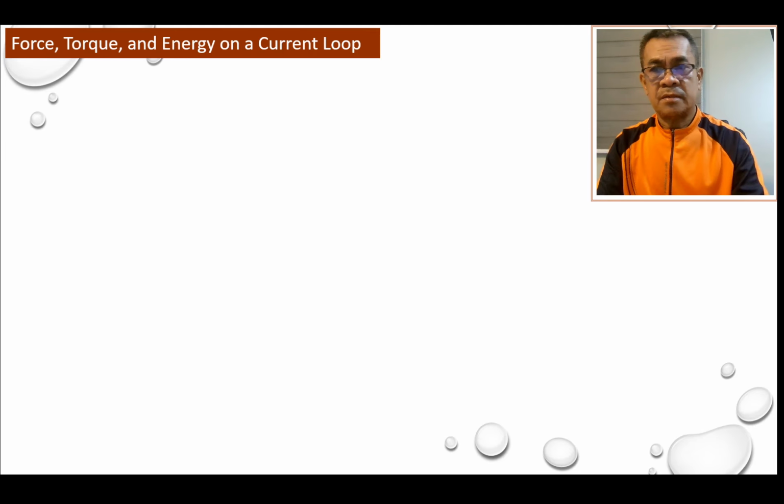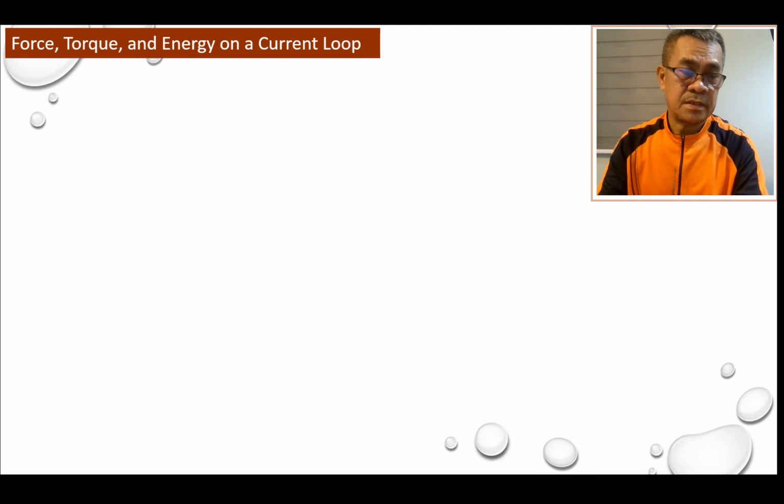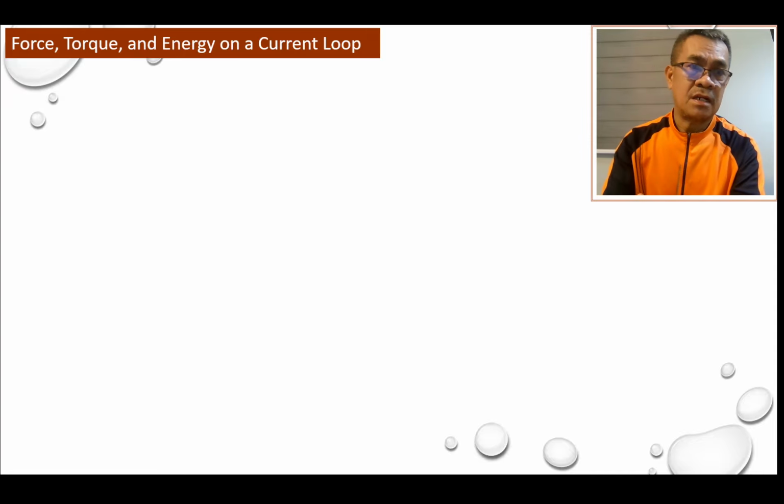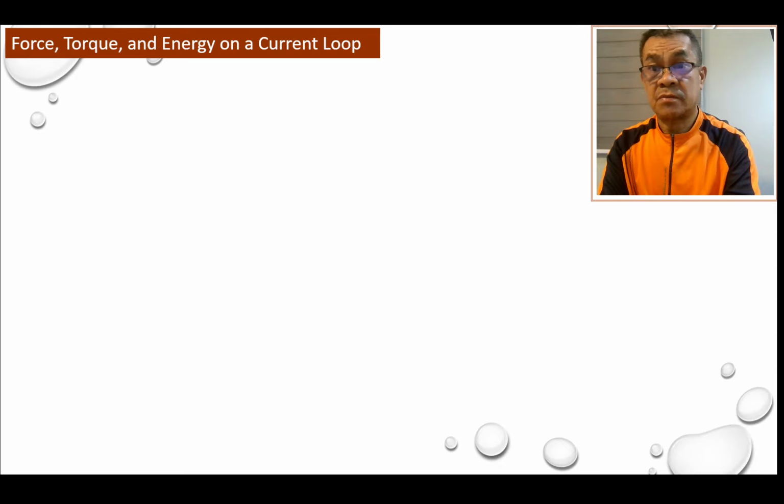Now, remember in our previous topic that if we have a conductor that has a current flowing on it, it experiences a magnetic force if we have an external magnetic field in the surroundings. So every conductor that has a current will experience a force in the presence of the magnetic field.